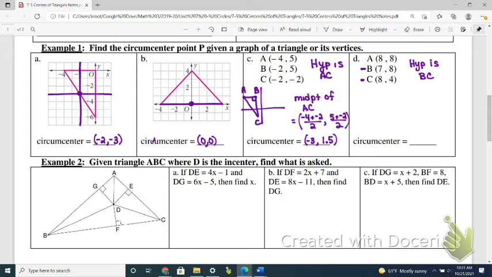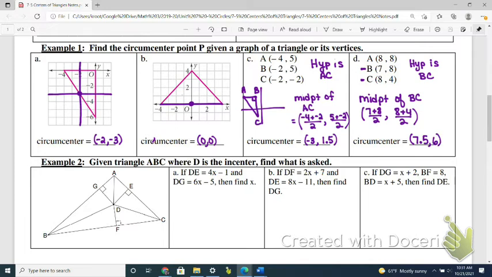So I can find the midpoint of BC. So it's 7 plus 8 over 2 and 8 plus 4 over 2. So I get the point 7.5, 6.